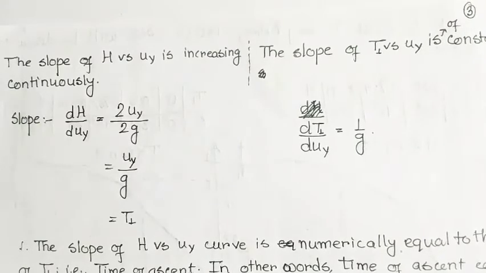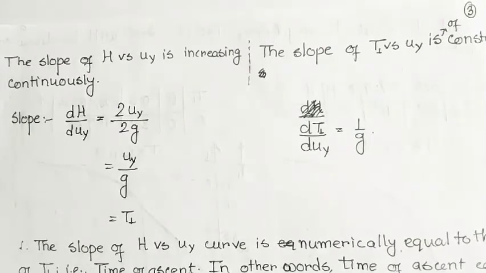Just take the slope of it. And after going through this discussion, you will never calculate the slope of the time of ascent versus uy curve. All the time it is 1 by g. You need not do that.